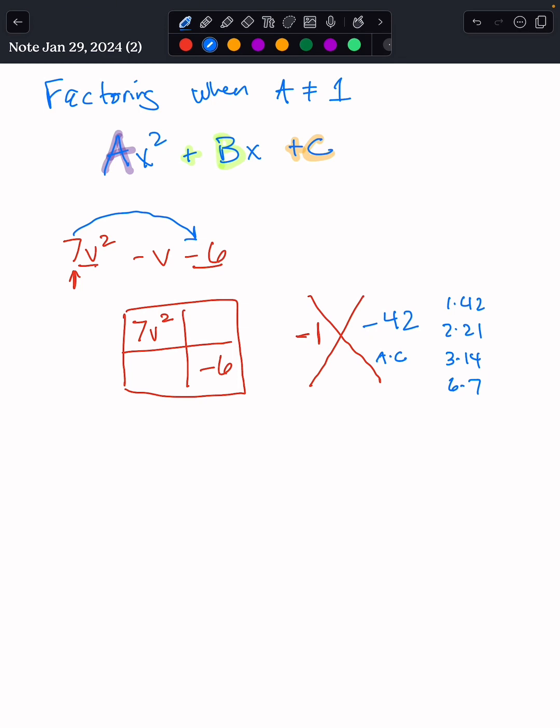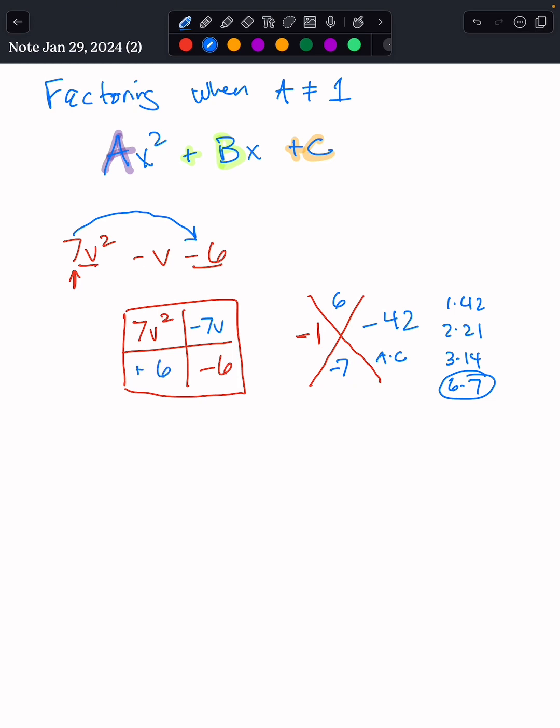We got to figure out how to get negative 1. And we'll use 6 and 7. Well, my 7 has to be negative because 6 minus 7 is negative 1. And then, so I'm going to put this negative 7v right there. And I'm going to put positive 6 right here.